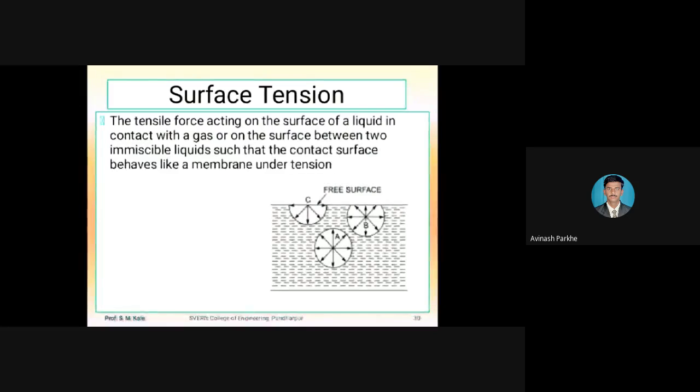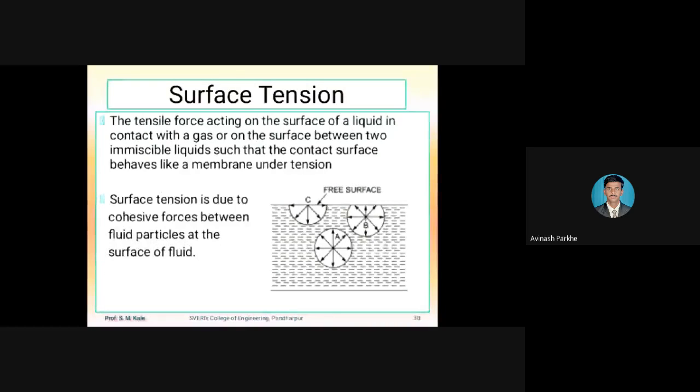That means in contact with gas and liquid, such that their contact surface behaves like a membrane under tension. The surface tension phenomenon mainly occurs because of the cohesive forces between fluids at the surface of the fluid. And the SI unit of surface tension is Newton per meter.